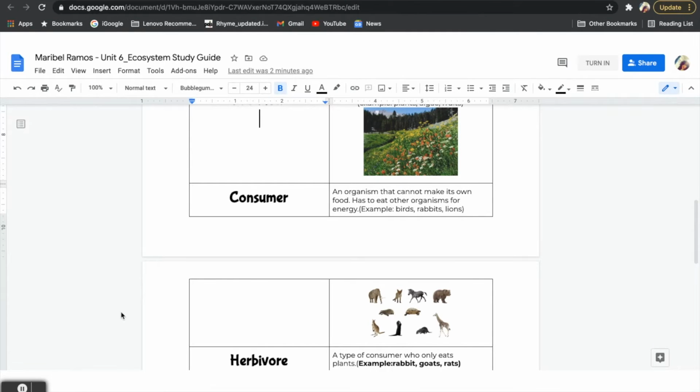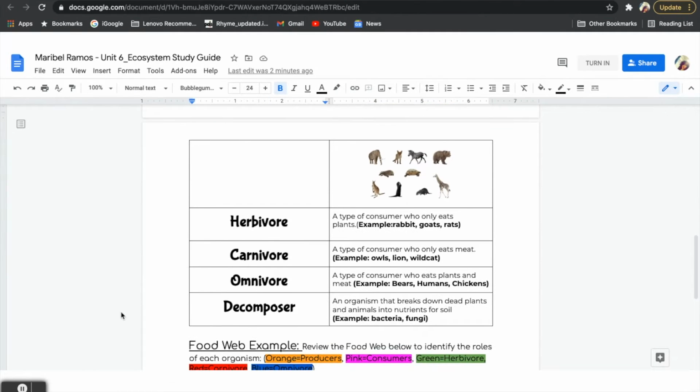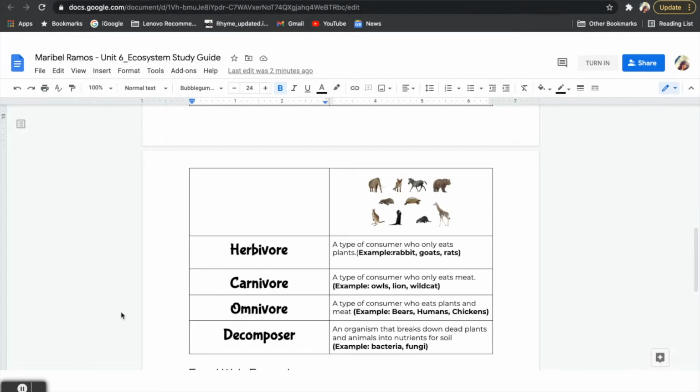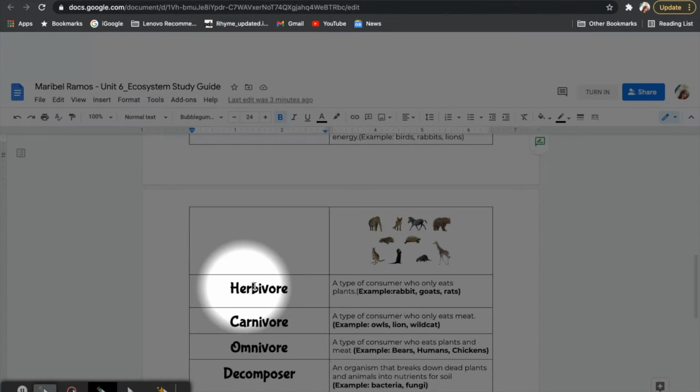Now let's take a close look at these different types of consumers, since there are different types and different roles that they play. Our first type of consumer are herbivores. Herbivores are consumers who only eat plants.